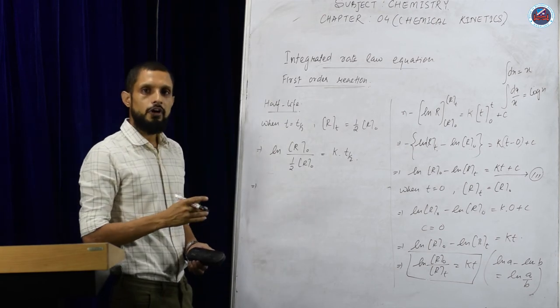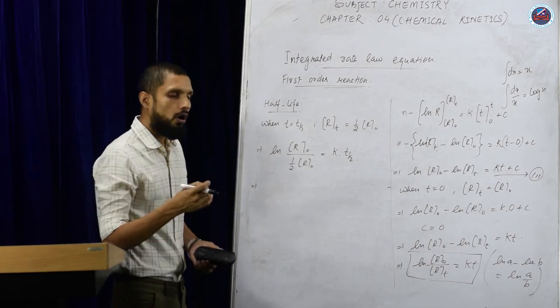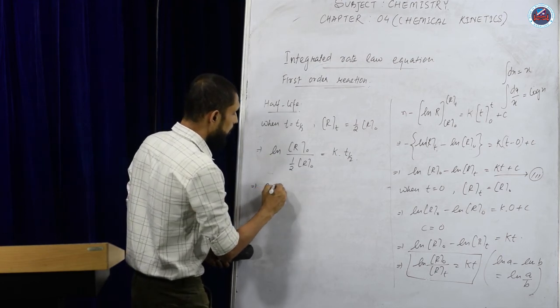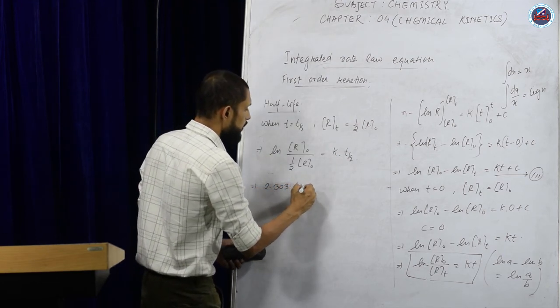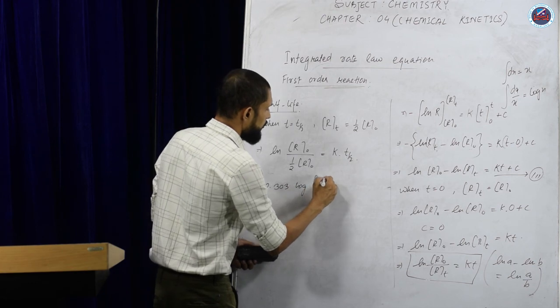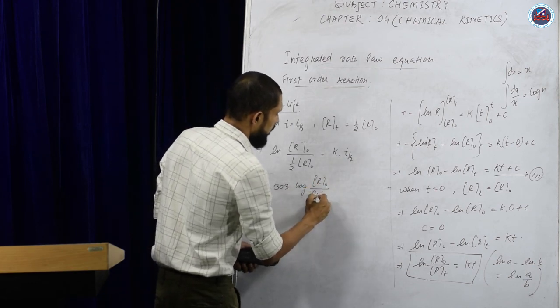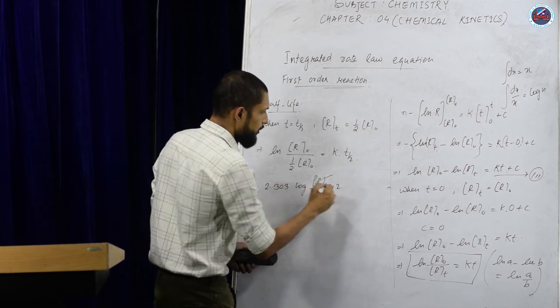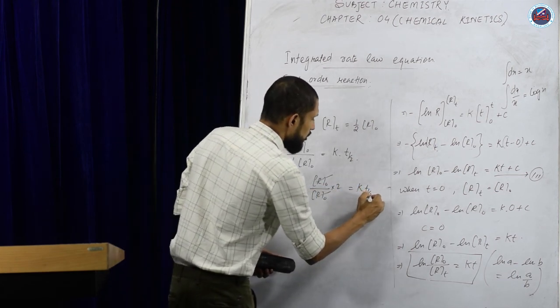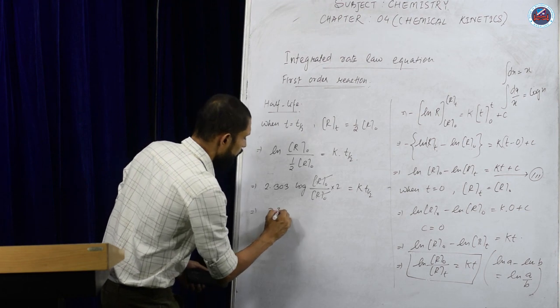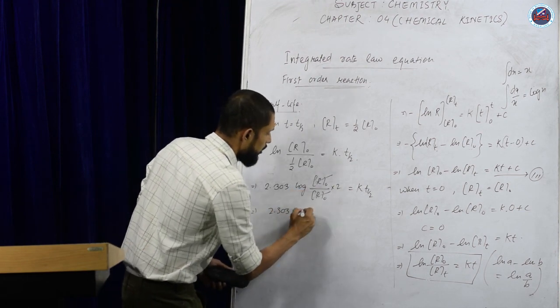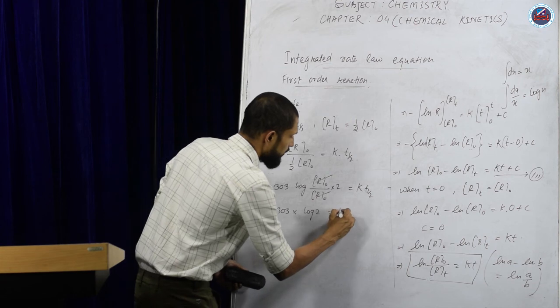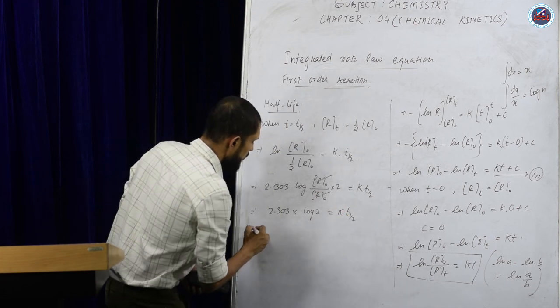Now we can convert ln in terms of log. So ln equals 2.303 log of R0 by R0 multiplied by 2. R0 cancels, so you'll get 2.303 multiplied by log 2 is equal to K t half.